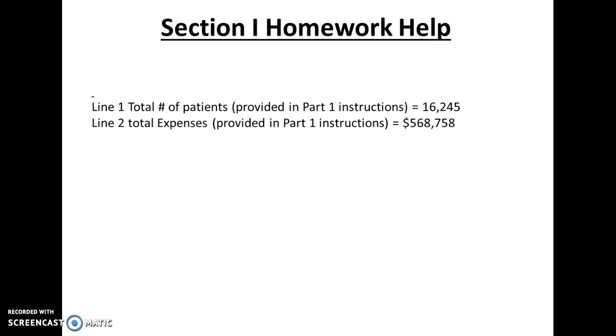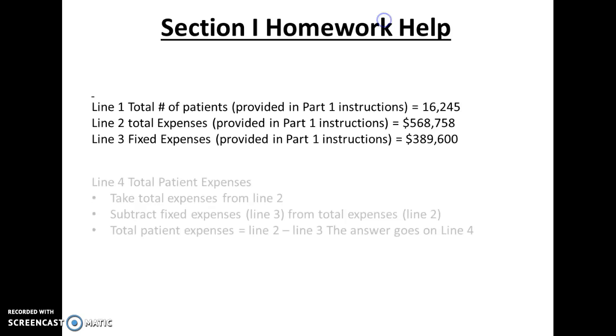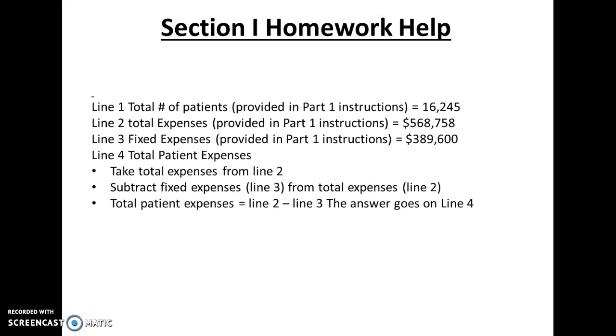Line 2 is your total expenses, listed in the instructions, and it's 568,758. Line 3 is fixed expenses, which is provided to you, and it's 389,600. And then line 4 is your total patient expenses.